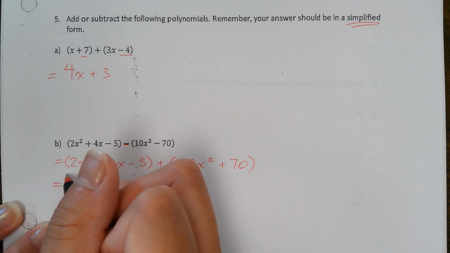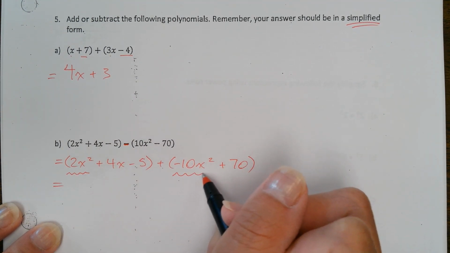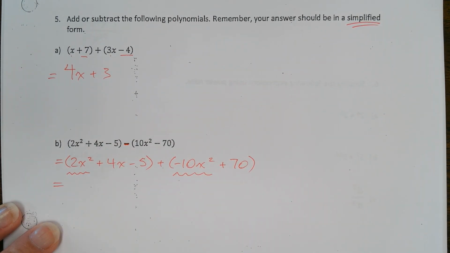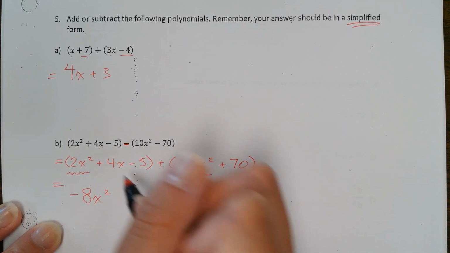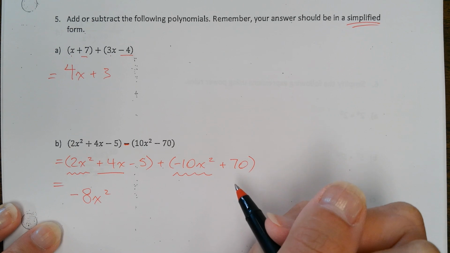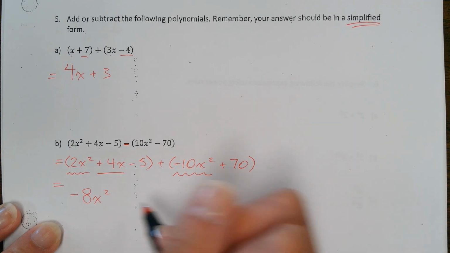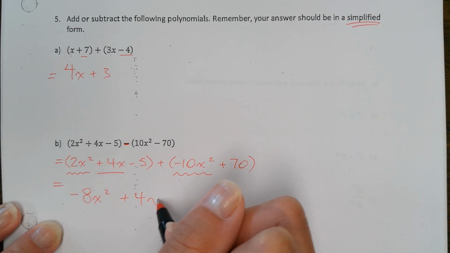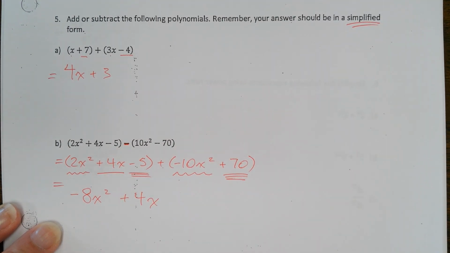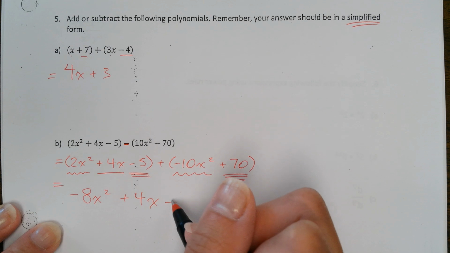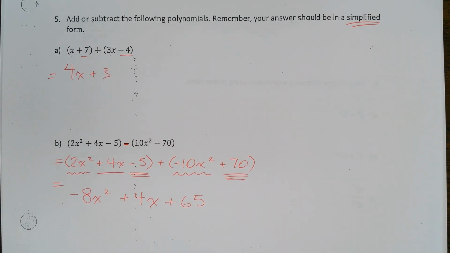Okay. So 2x. Take away 10x squared, you get negative 8x squared. 4x, nothing goes with 4x, so just plus 4x. And then lastly, minus 5 plus 70, you get plus 65.